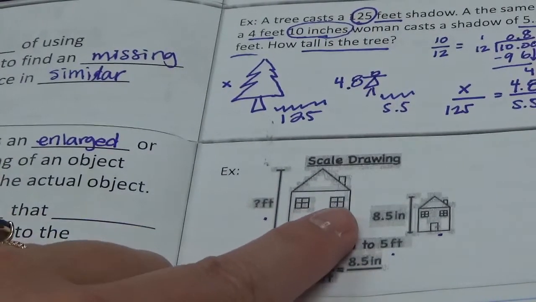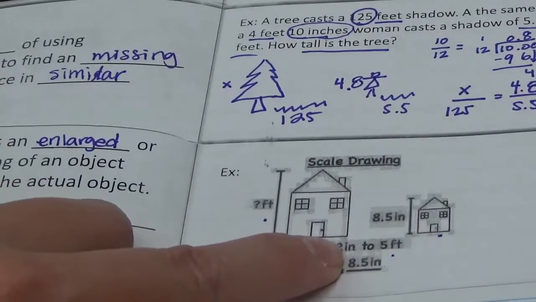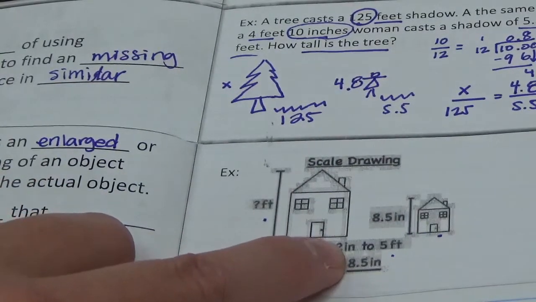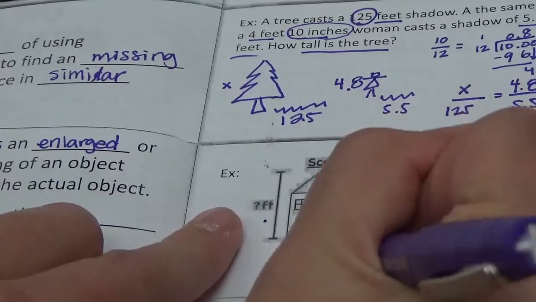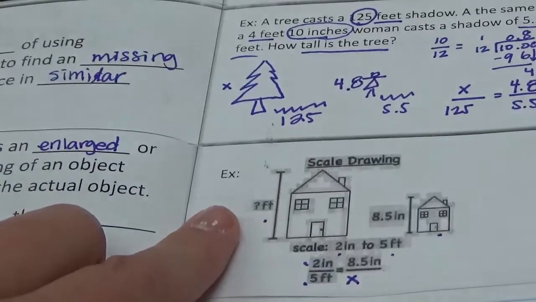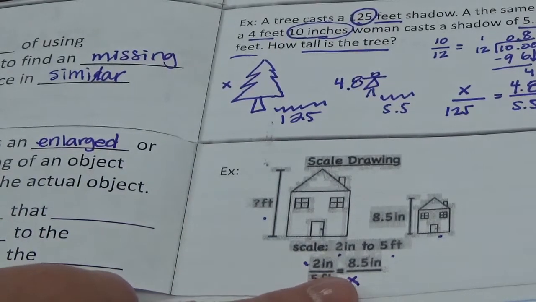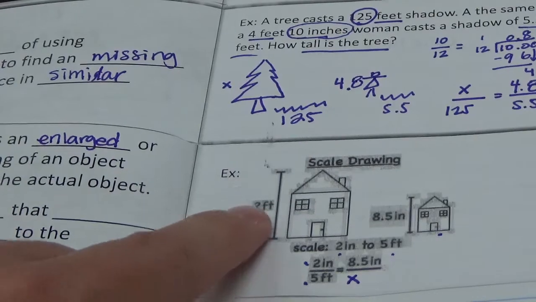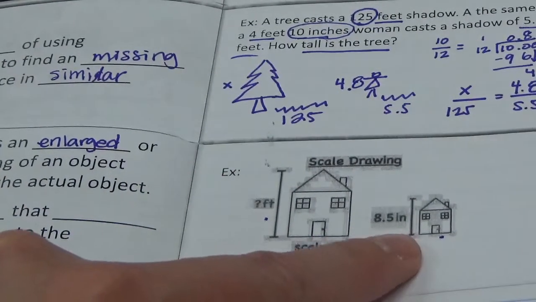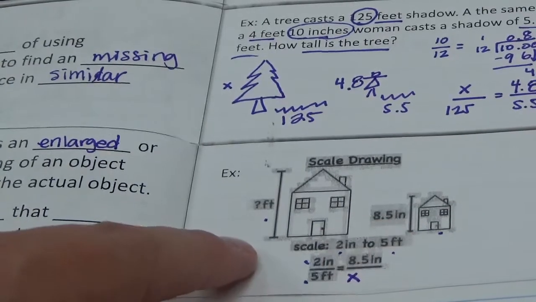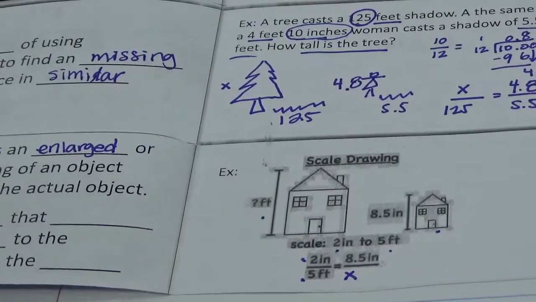In this case though, they gave us the height of the model house. So I'd put that in the small or the inches category, model category. I want to find how tall it is actually in feet. So go ahead and cross multiply and divide to figure out how tall the actual house would be. If for every 2 inches on this little tiny house, there is 5 feet in the actual house.